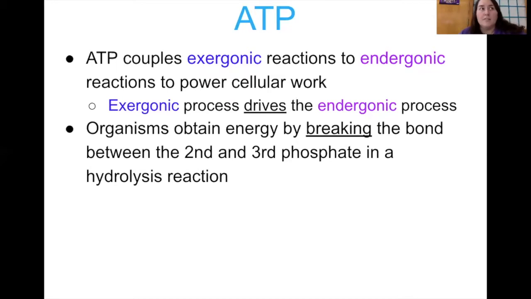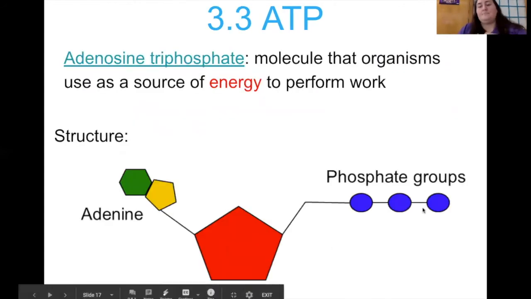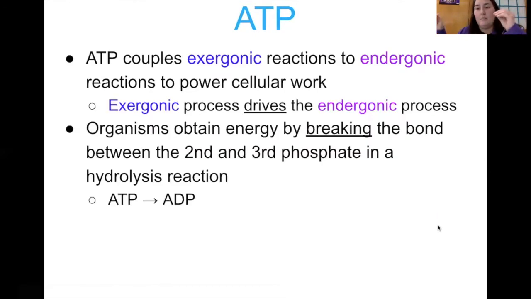Remember, in hydrolysis, we add water to our molecule to form a gap between subunits. Water is added between the second and the third phosphate group right here, and it breaks that bond.